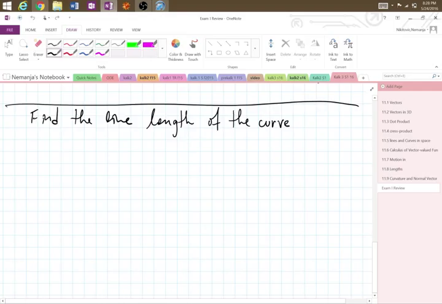So here's the question. Find the length of the curve, and the curve is given as... give me a number, 34 through 40. 36.